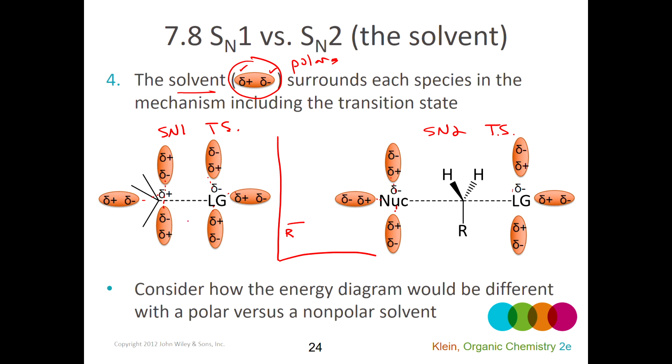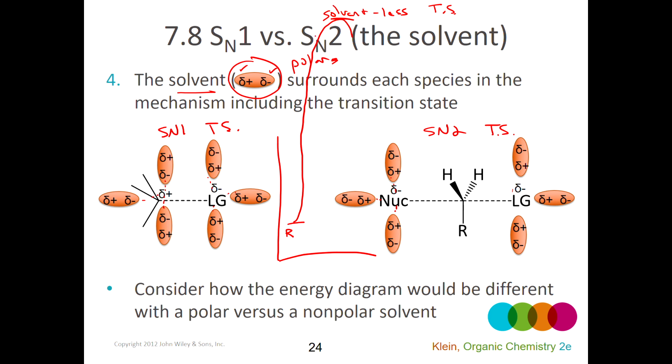If I had no solvent at all, the transition state would be extremely unstable. A solventless transition state: if I don't have solvent around to form any attractions here, then when these partial charges form, it's going to be really unstable.